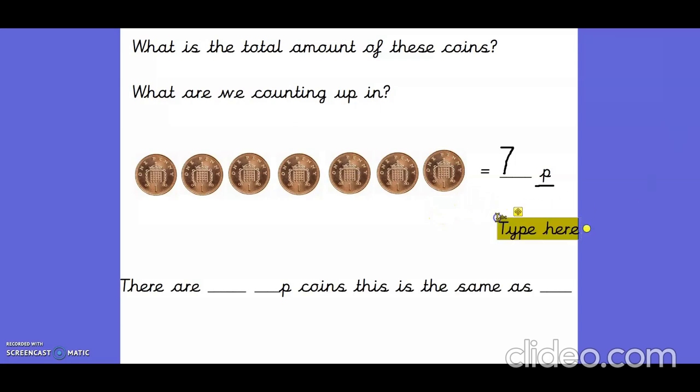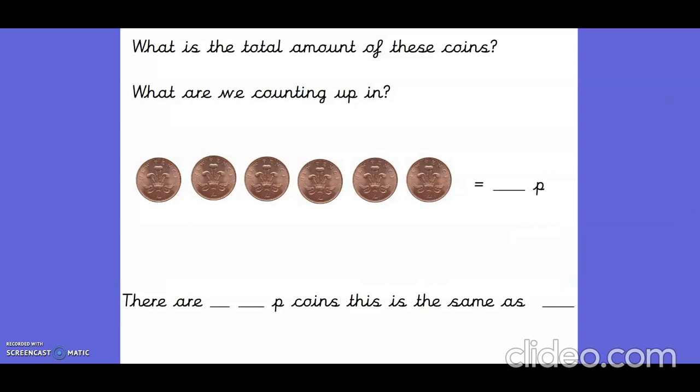So rather than having to write out 7 pence each time, we would just put a p to represent pence. So we have got 7 pence. So there are 7 1p coins because each coin is 1p or 1 penny. And this is the same as 7p. Well done.